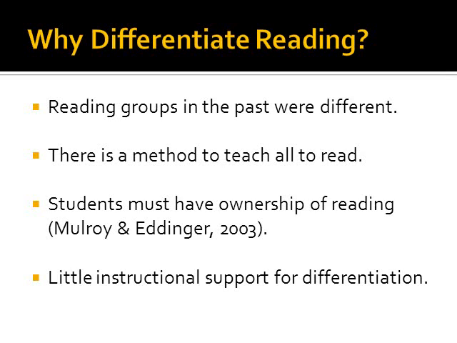And there's a method to teach all students how to read. But the most important thing to know is students must have ownership of their reading. And choosing their own literature can be very helpful in differentiation. And little instructional support for differentiation is very important.